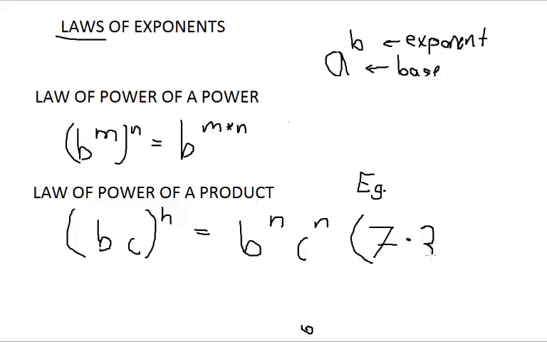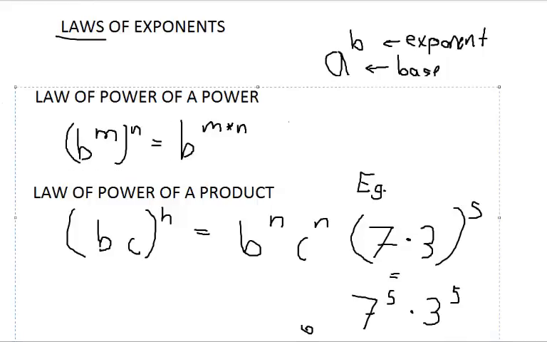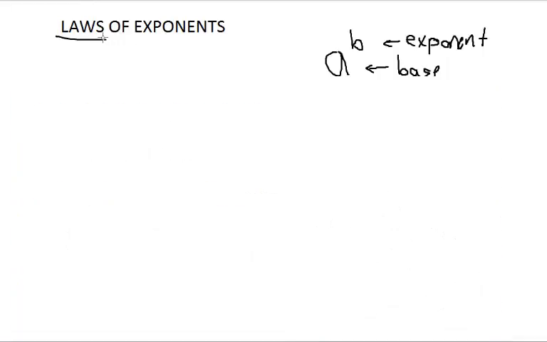For example, we have a multiplication of 7 times 3, and this is elevated to the 5. Then we can say this is equal to 7 elevated to the 5 multiplied with 3 elevated to the 5.